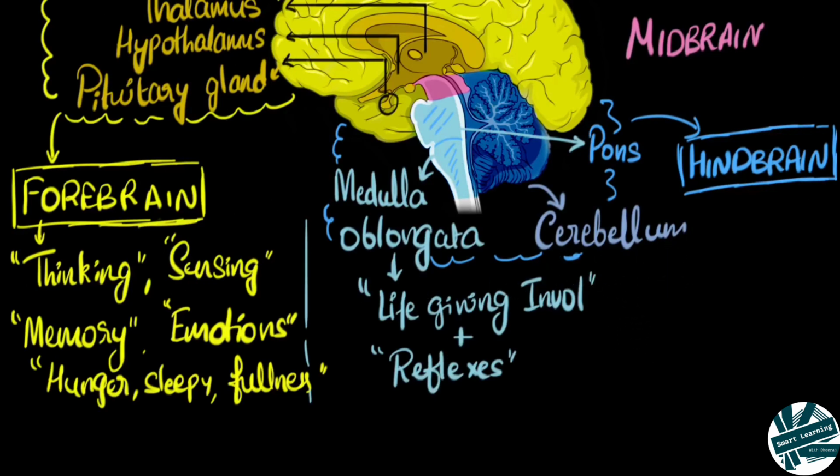Okay, what about the cerebellum? It's getting a little crowded. I hope you can see them apart. So again, I'm going to put some division over here. So what does the cerebellum do? Well, the cerebellum also has some involuntary function, but it's a little different. One of its functions is to maintain balance.